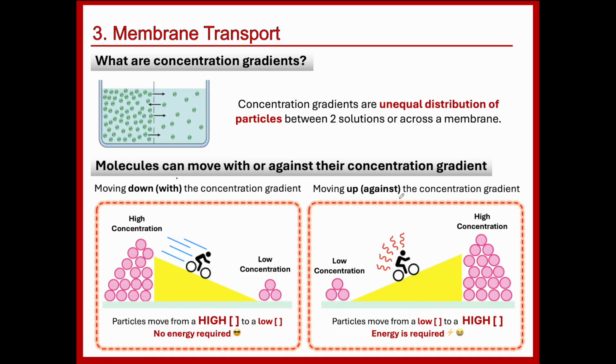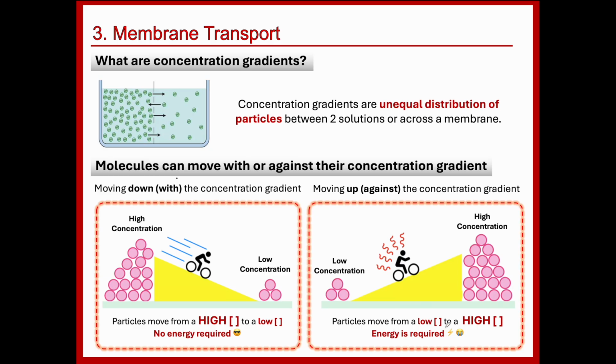If you're doing the opposite, we say that you're moving up a gradient. You're moving up the hill, right? When you go from the lower ends of the hill to the higher ends, that's up a gradient, or we call it against. You even know this. To go up a hill is much harder than going down, right? So you're going against the slope. So here you're going from low concentrations of solutes to high.